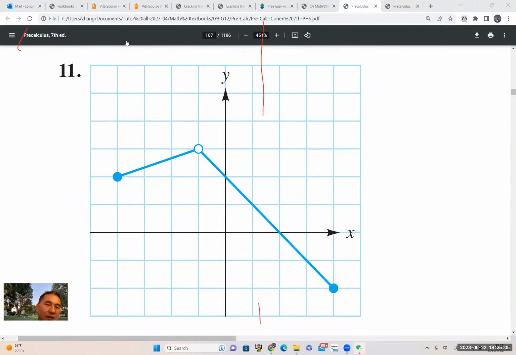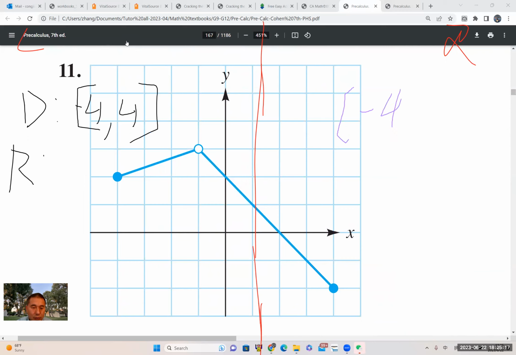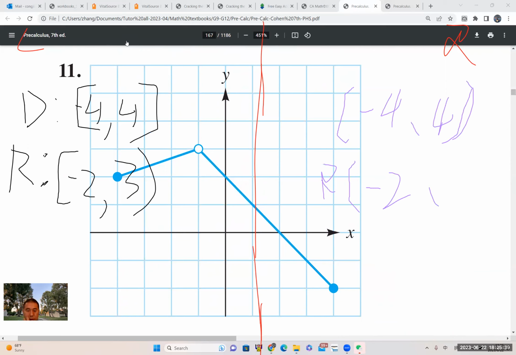Again, we have left and right. Good. Both done, right.